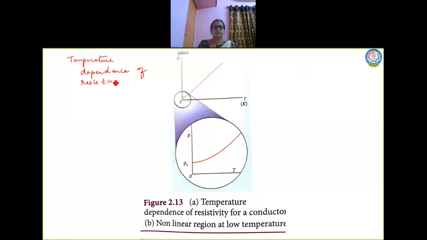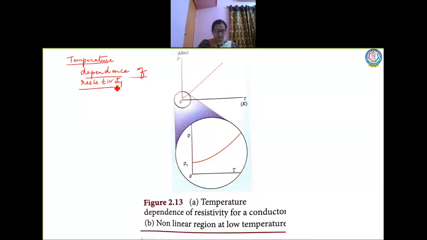So what happens to the resistivity of a conductor when you vary the temperature? That is the concept. So how does temperature affect the resistivity of a particular conductor? That is what we are going to discuss, resistivity or resistance.